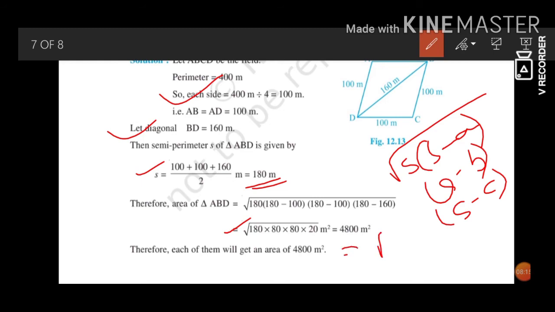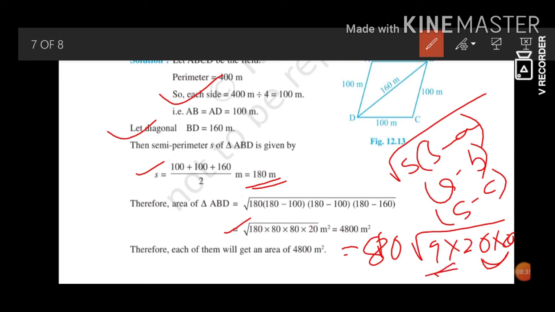If we take it out of the root, 80 is already in pair, so we can take 80 out. And then we have 9 into 20 into 20. 180 can be written as 9 into 20, so 20 is in pair as well, and 9 has a square root of 3.